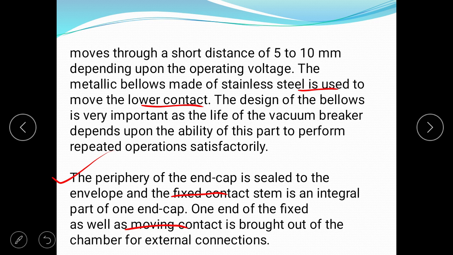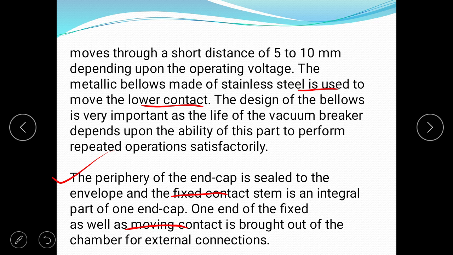Therefore, their very small resistance is maintained throughout their life. Next is high total current switched because of small erosion of the contact piece. Rated normal current can be interrupted up to 30,000 times and rated short circuit current can be interrupted on average 100 times.